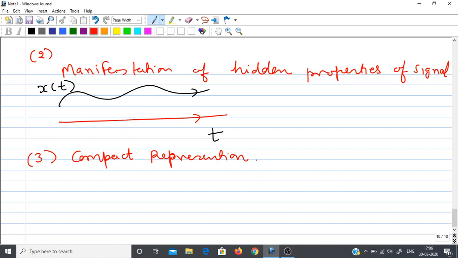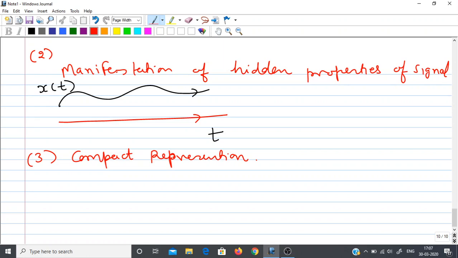The number of coefficients required to represent a signal in different domains varies. Transforming a signal into a suitable domain may lead to a compact representation of the signal. It means that when we take the transform of the signal, it is possible that the number of coefficients or values required to represent the signal is lesser.